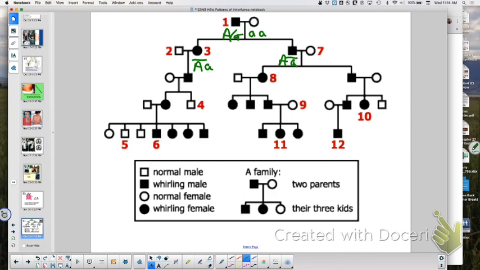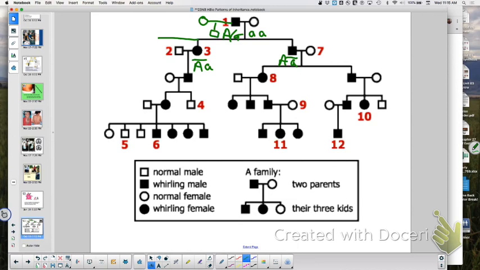Little a, we're in the clear. I can't tell with only 2 children. The only thing I could know for sure is if they had a 3rd child, or he met somebody else who didn't have the disease, and that child didn't have the disease, then I would know he was big A, little a.